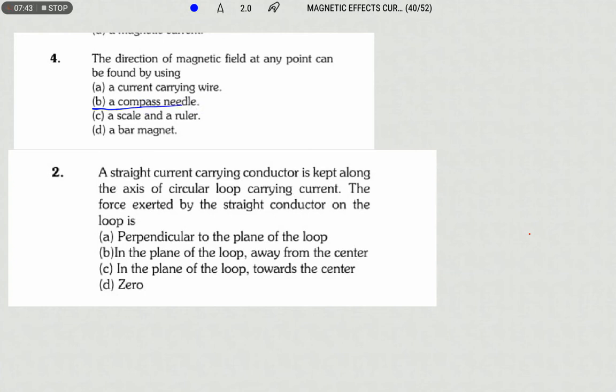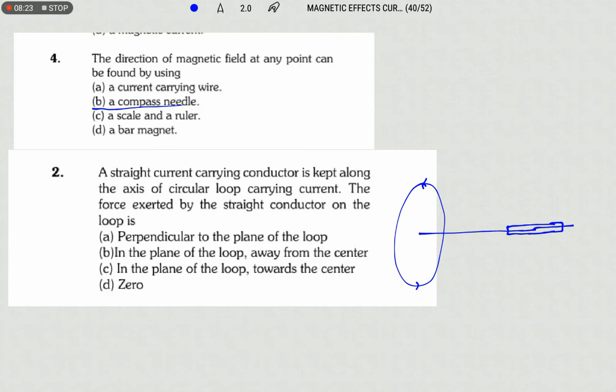Next, a straight current carrying conductor is kept along the axis of a circular loop carrying current. The force exerted by the straight conductor on the loop is... So a straight conductor is placed on the axis of a current carrying circular loop, along the axis of the circular coil.